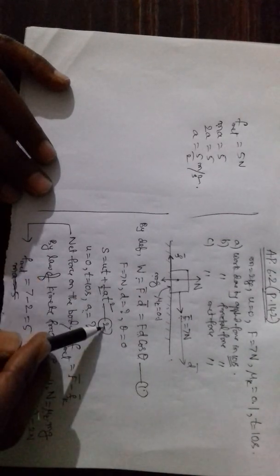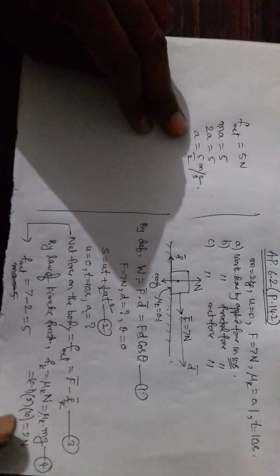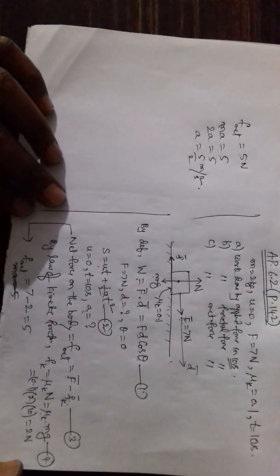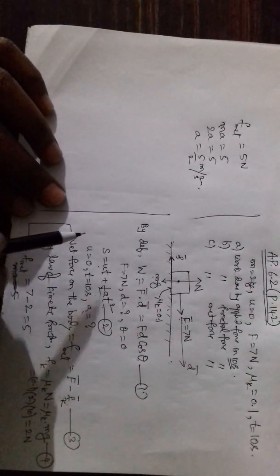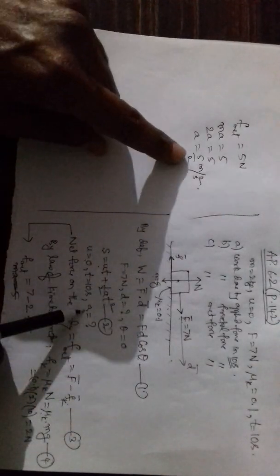This is the first equation, this is the second equation, here you got the third equation, here you got the fourth equation. Okay, now the acceleration. To find displacement, u, t and a are required, and that a we have found.